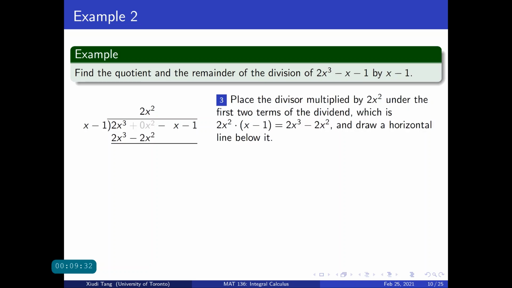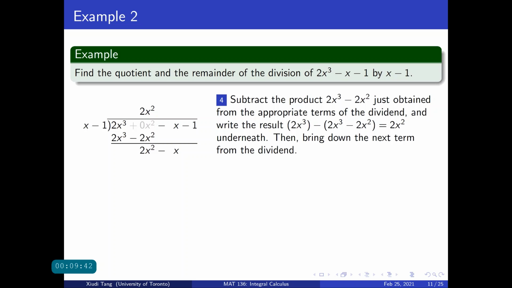Then we multiply 2x squared by the divisor. We get 2x cubed minus 2x squared, and we put it below. Then we draw a horizontal line and subtract those two lines above the horizontal line. We get 2x squared minus 2x squared, and there's nothing left. But for the next step, we need to bring down the next term, minus x, from the dividend below the horizontal line.